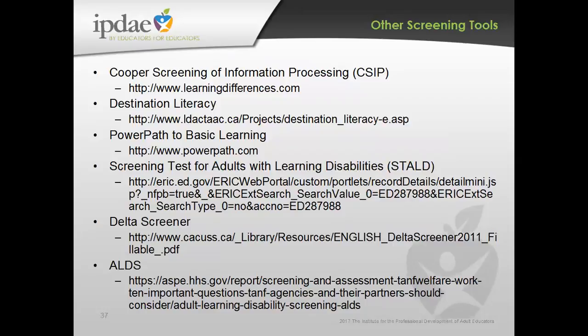Okay, here's an example of a number of different screening tools that I have either seen or used. I'm most familiar with bullet number 3, and that's PowerPath. I don't know if any of you have used PowerPath, but PowerPath is a whole system, and the screening tool is only one piece of it, and it requires intensive training, and the kit is in the thousands of dollars.